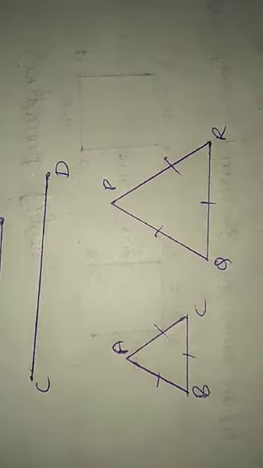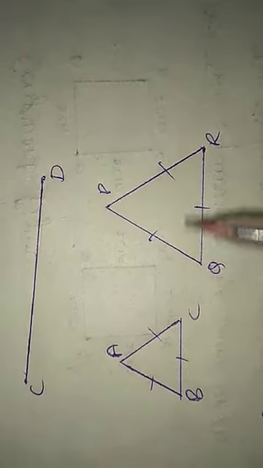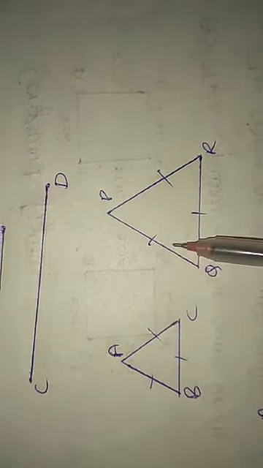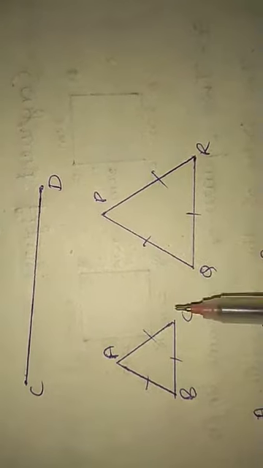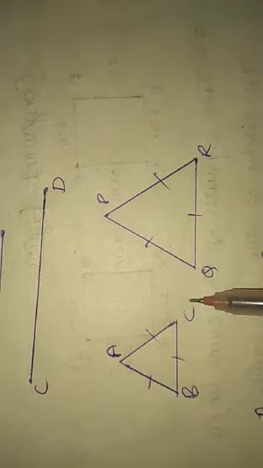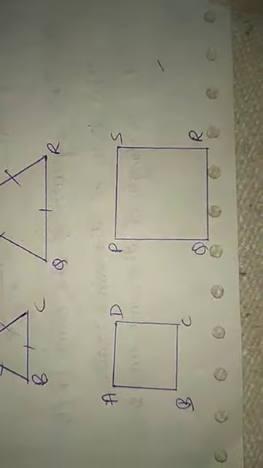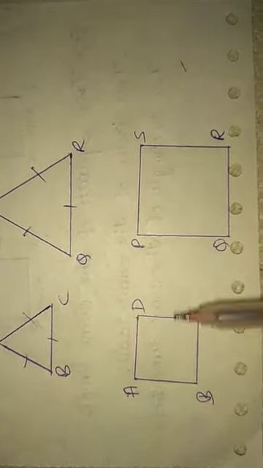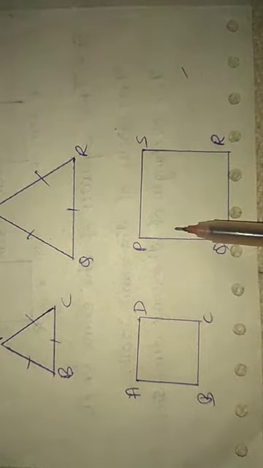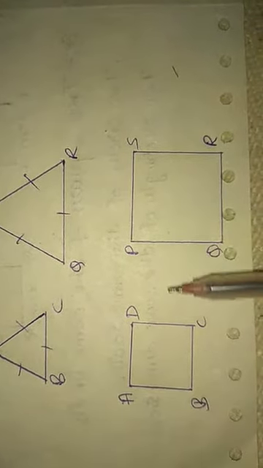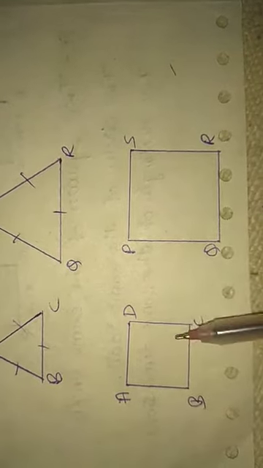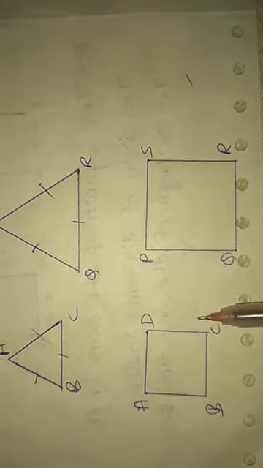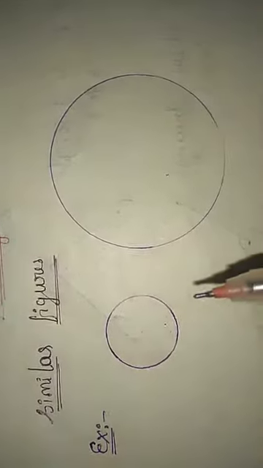Next, I have two equilateral triangles. These two are similar because they have the same shape. Next, take any two squares. These two squares are similar because they have the same shape. Understood the similar figure?